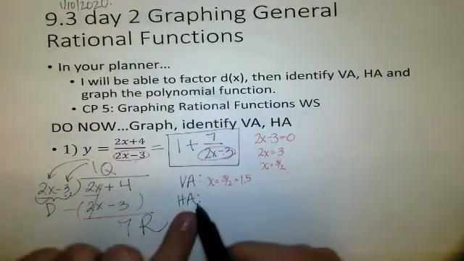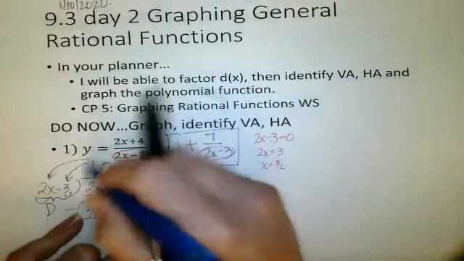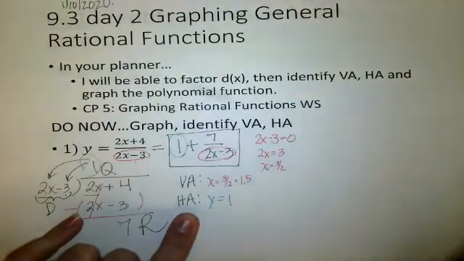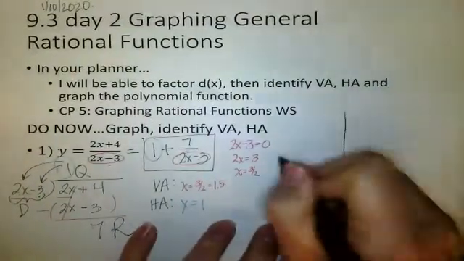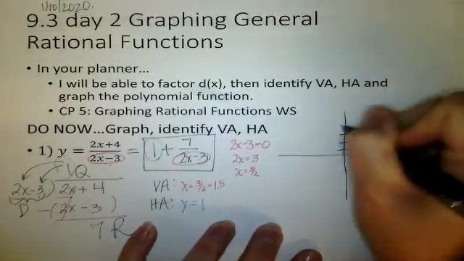What's our horizontal asymptote? That quotient there, whatever that quotient is, happens to be our horizontal asymptote, y equals 1. We can go and make a little sketch here. 1, 2, 3, 4, 5. 1, 2, 3, 4, 5.